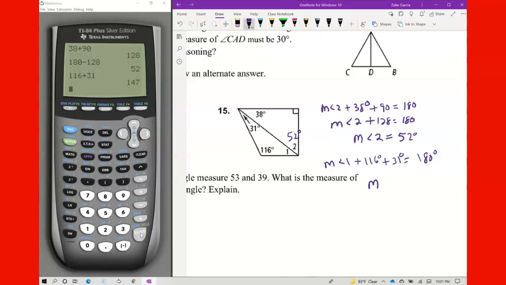So the measurement of angle 1 plus 147 is equal to 180 degrees. And then you're going to subtract 147 from 180. So you come out with the measurement of angle 1 is equal to 33 degrees.